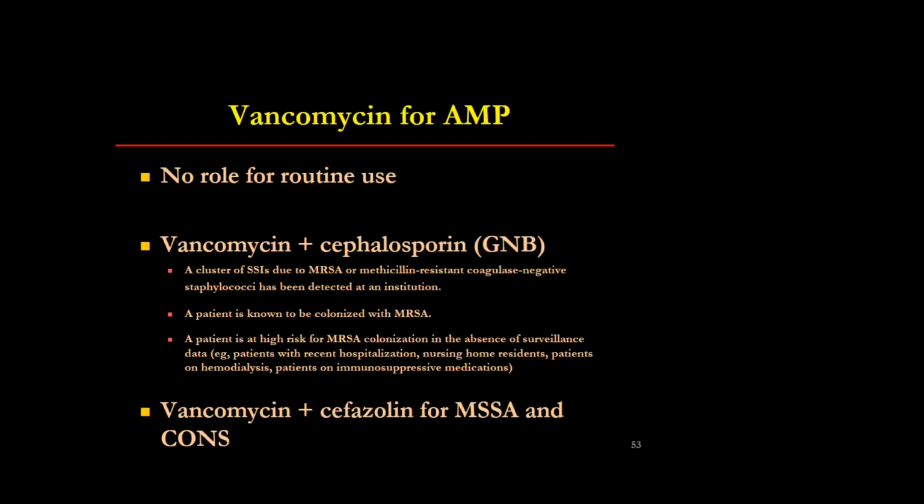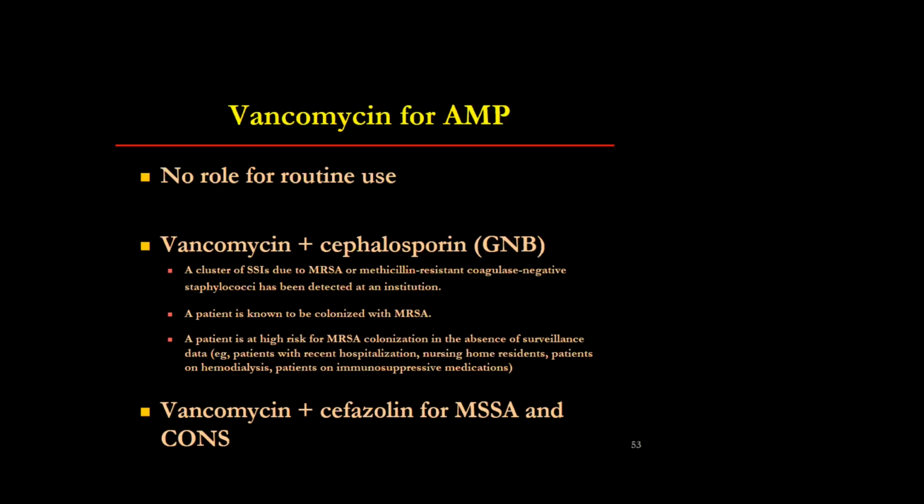Now, vancomycin routine use is not indicated. You might want to use it when one has identified a cluster of SSIs due to MRSA or MRSA CoNS, or a patient is known to be colonized with MRSA. Known to be colonized meaning your nasal swabs, your groin swabs have grown MRSA, and you're planning a device insertion.